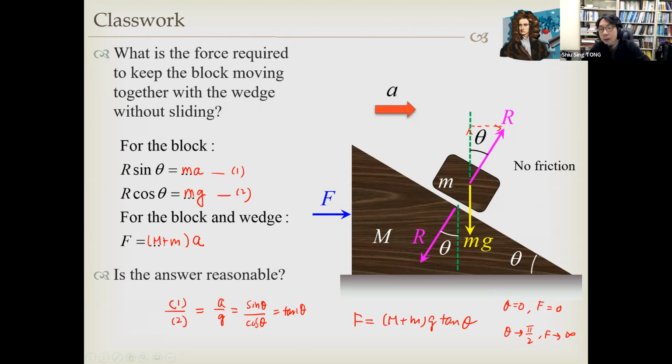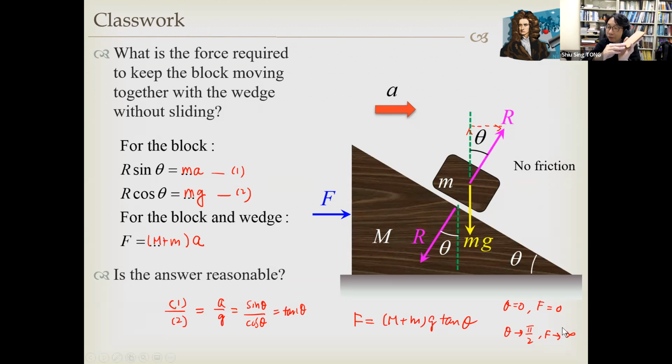Imagine the wedge is so inclined that it's almost vertical, so we have a vertical plane pushing the block forward. Without friction, the block will obviously slide down along the vertical plane. There's no way for us to control it because the force from the plane is in the horizontal direction, not in the vertical direction. So you need an infinite force for that to happen.